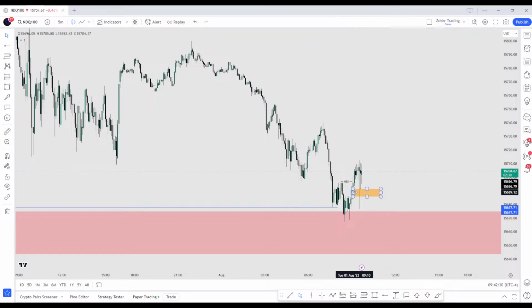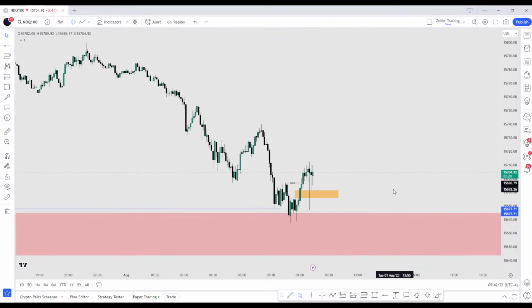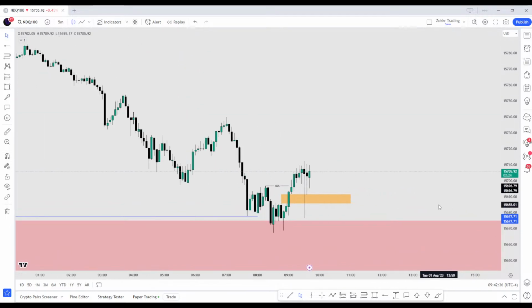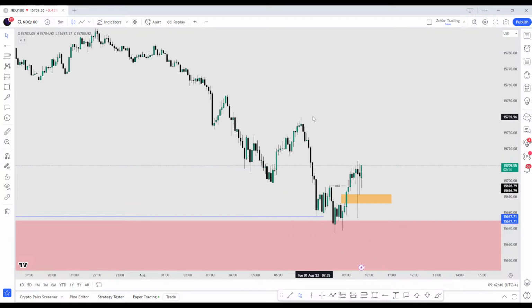I'm going to refine it as well because we tapped into it. We respected it perfectly, which is also a sign I was telling you about before. Respected again, so it wants to go up, right? It just wants to go up. So I'd say we will probably target this buy side liquidity right now.